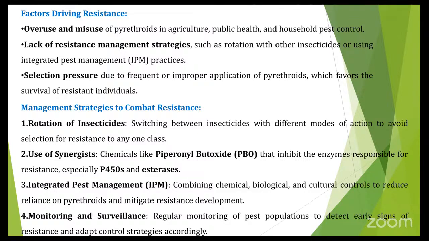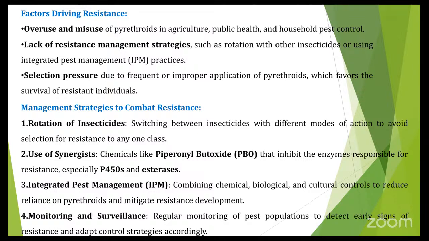So how you can combat this resistance is, first, by using a rotation of insecticides, because that is the major driving factor for resistance: switching between insecticides with different modes of action to avoid selection for resistance to any one class.